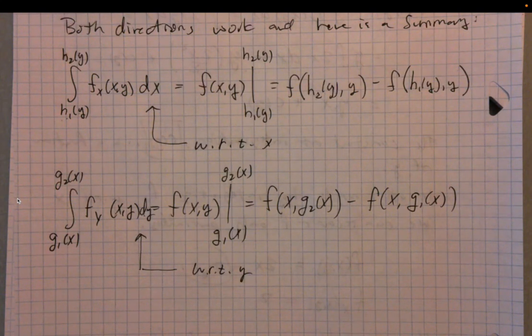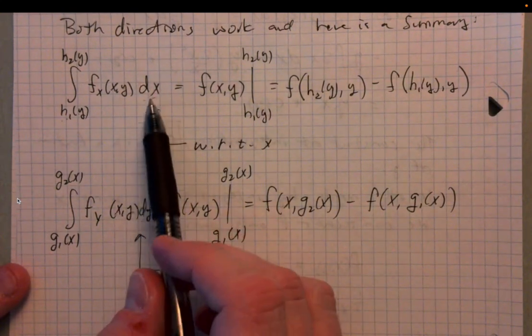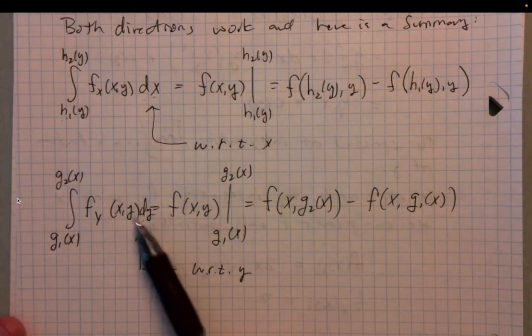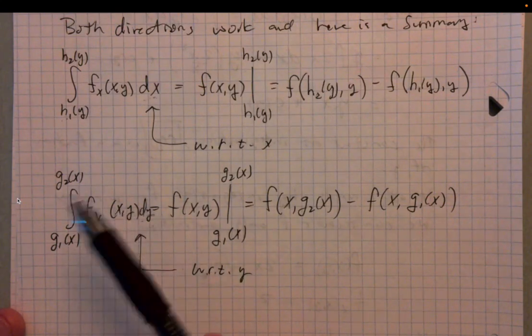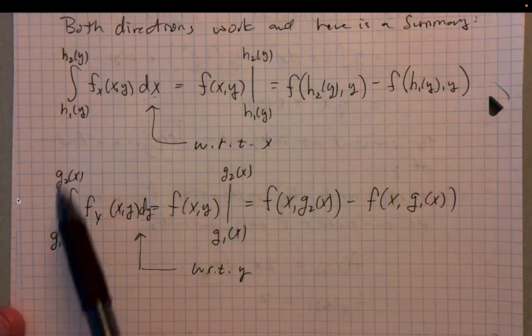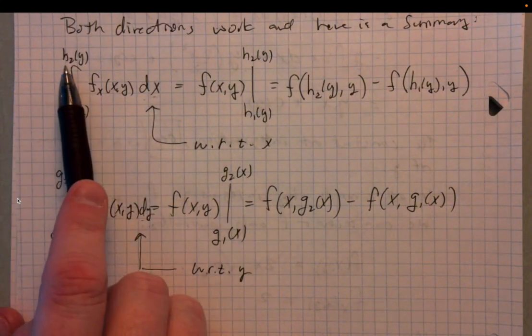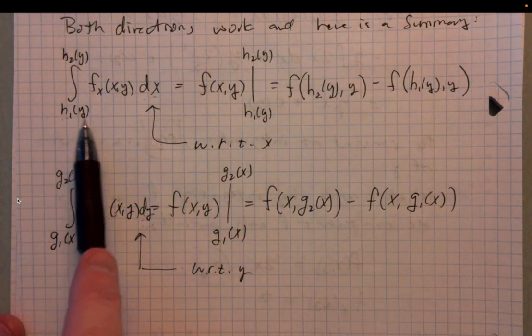Important to note the variable of integration, namely the dx or the dy. If you're integrating with respect to x, then that's what we mean by the variable of integration. If you're integrating with respect to y, that's what we mean by the variable of integration. The variable of integration cannot appear in either limit. So if you're integrating with respect to x, it doesn't make sense to have a function of x up here or down here.